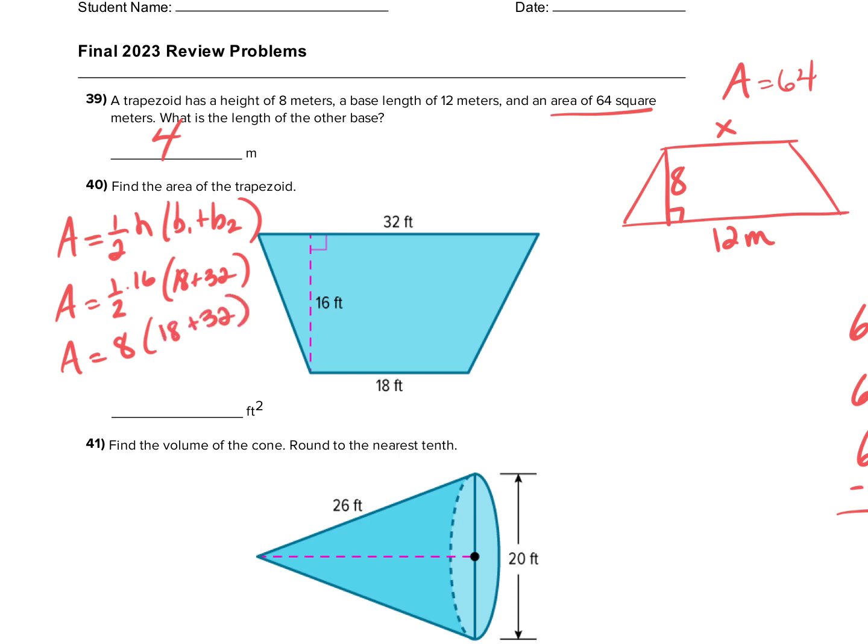Now I'm sure some of you are like, oh, aren't you supposed to do parentheses first? And technically, yes, I am supposed to do parentheses first. But by taking half of 16, I'm not compromising my value in any way, shape, or form, because I could have added 18 plus 32 first to get 50.